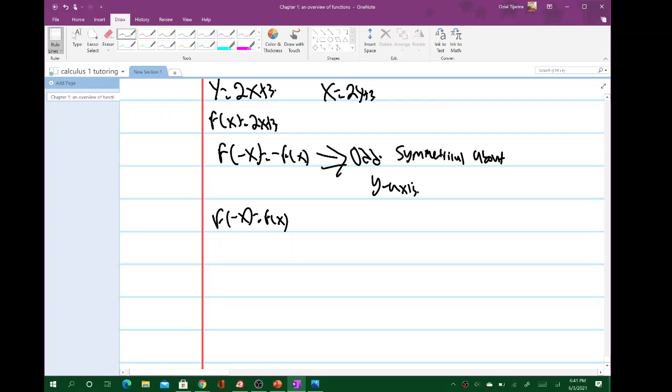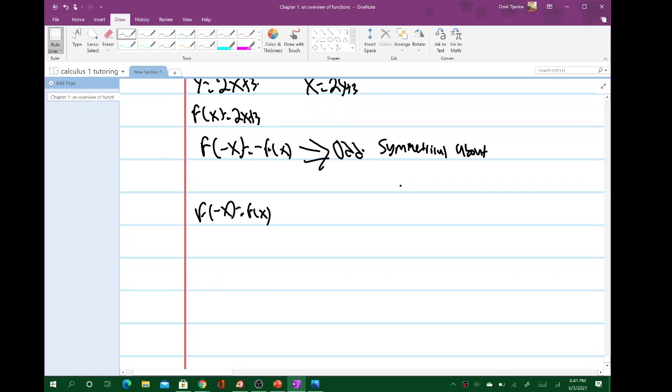Or no, actually, hold on. This one is about the x-axis, excuse me. And then f of negative x equals f of x, that is only if it's even and symmetrical about the y-axis.